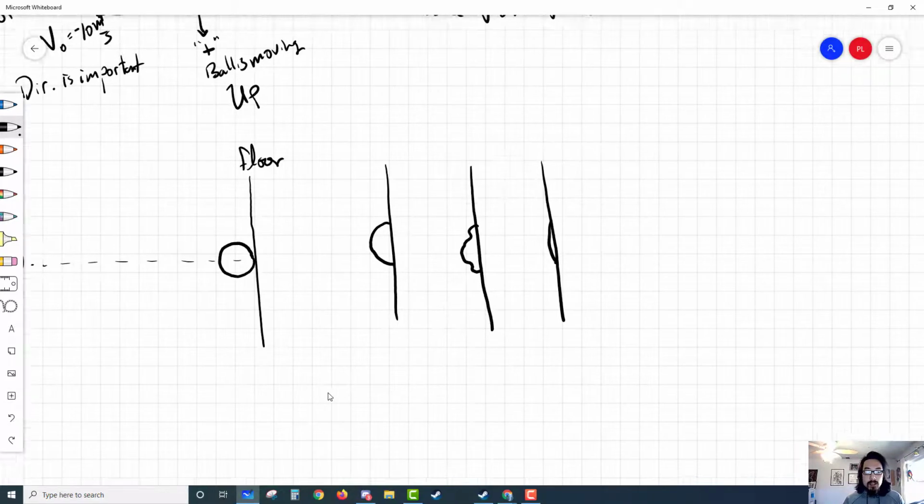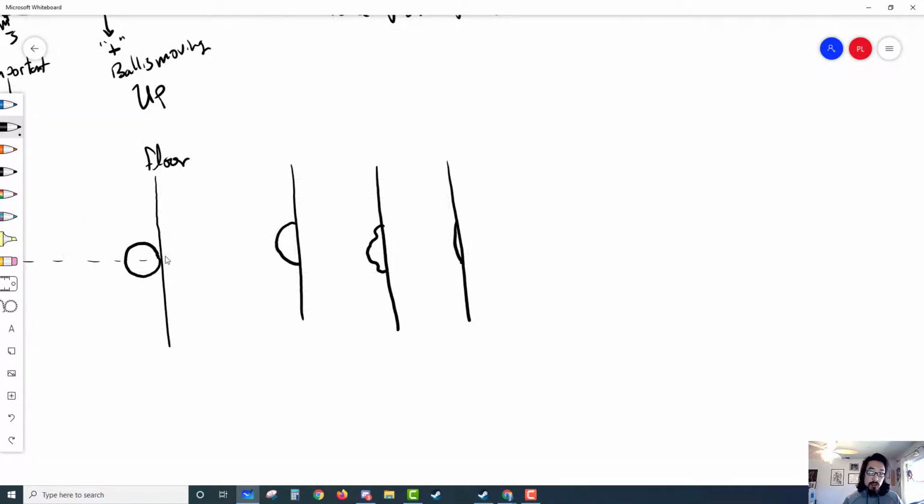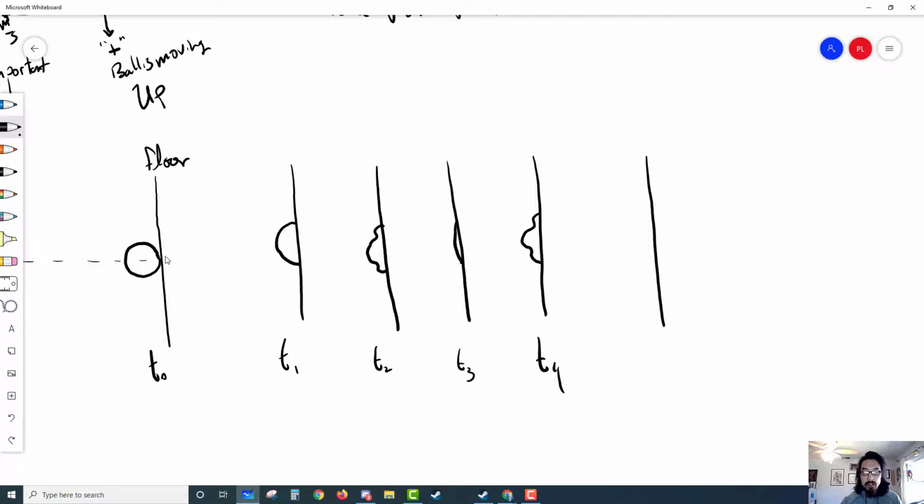And so if this is the ball initially hitting the surface, the time will start here, this will be t initial, and then this will be t1, this will be t2, this will be t3, and then it'll start to go backwards in its deformity, right? This is t4, and then from there we did something like this.